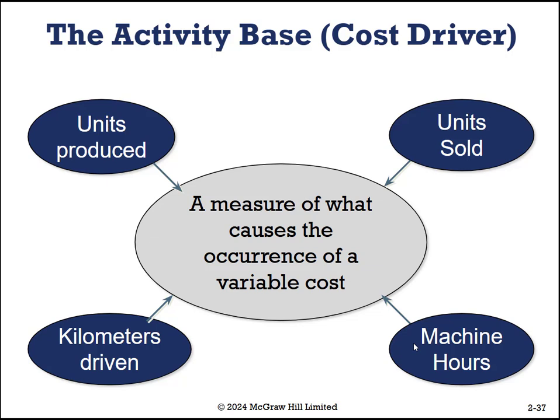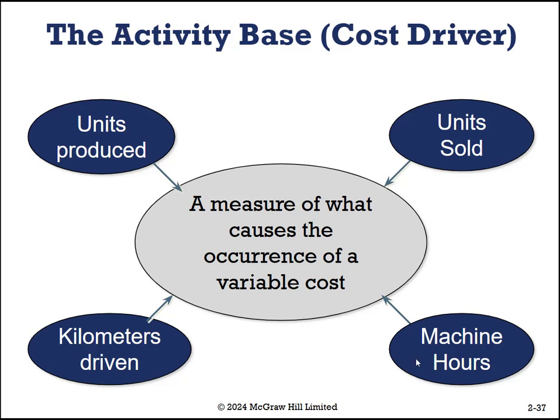Sometimes it's only on a per kilometer basis. So if I drive 25 kilometers and it is 50 cents a kilometer, then it's going to be $12.50. So kilometers driven might be what drives that total variable cost incurred.